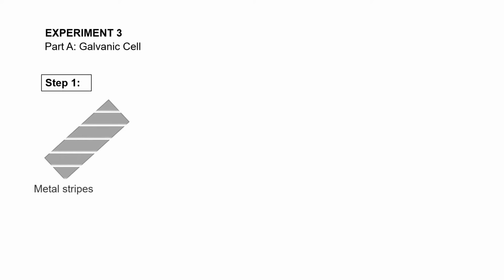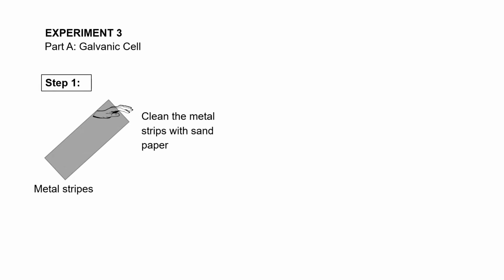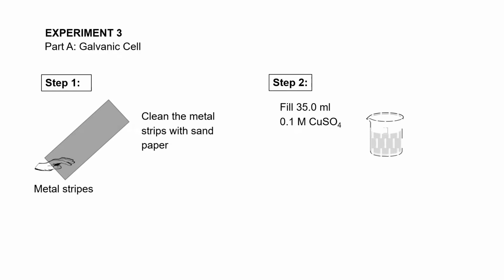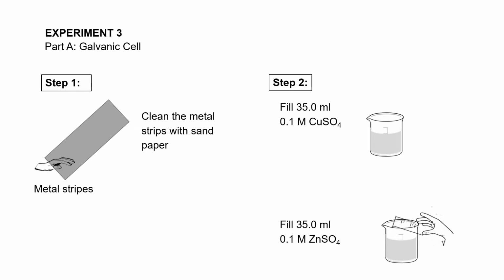Experiment 3, Part A, Galvanic cell. Step 1. Clean the metal strap with sandpaper. Step 2. Fill a 50 ml beaker with 35 ml of 0.1 molar copper(II) sulfate and the other beaker with 35 ml of 0.1 molar zinc sulfate.